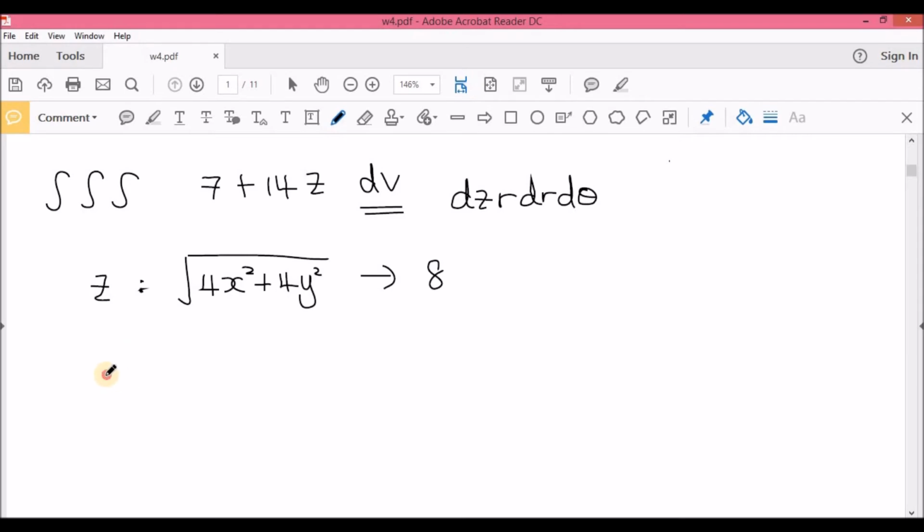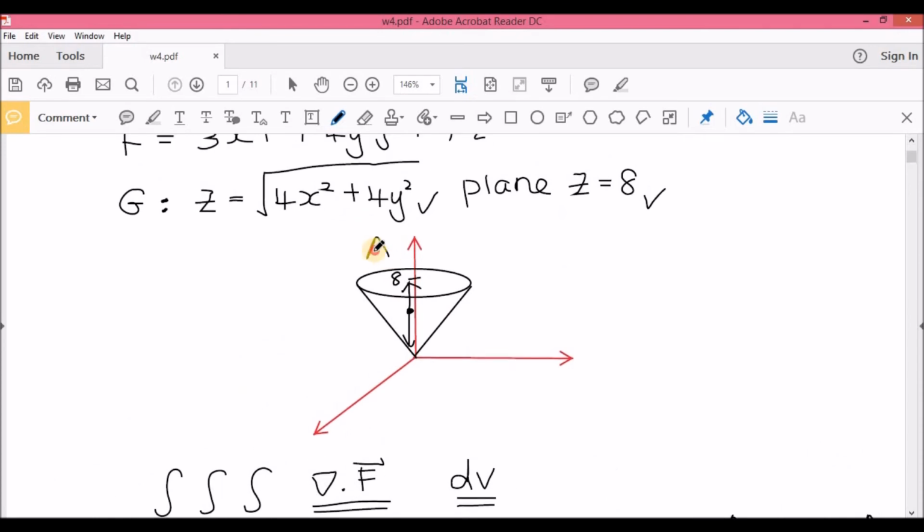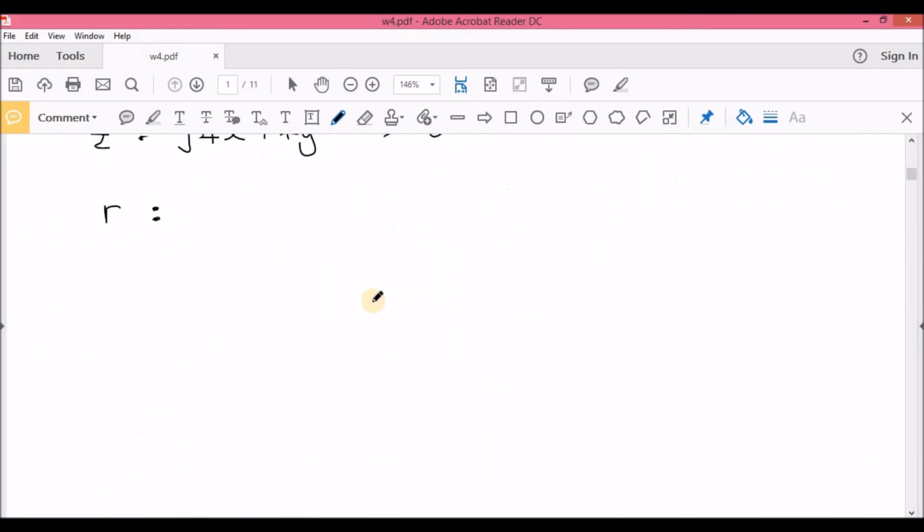Next is r, which is the radius of the circle you see when you view your cone from the top. How to find the radius?